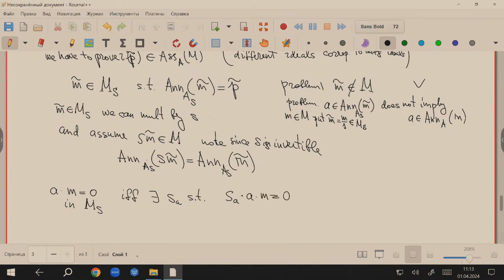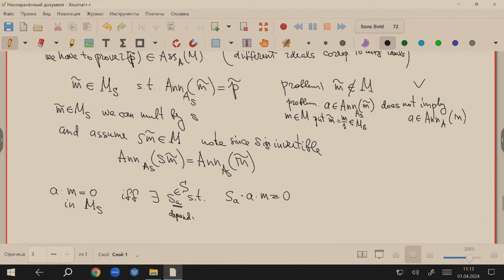So the element is equal to 0 in the localization if and only if you can multiply it by some element of the multiplicative system S, that belongs to S, such that, and I emphasize by the notation that this depends on a.